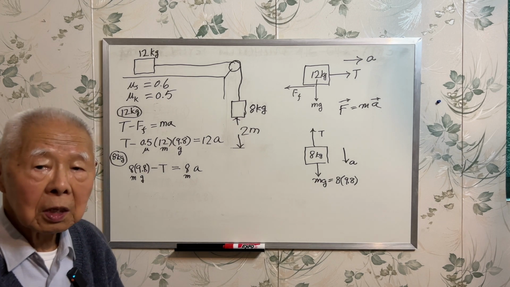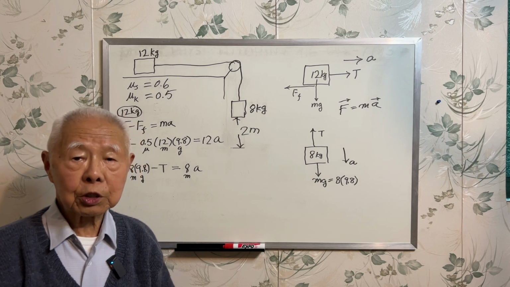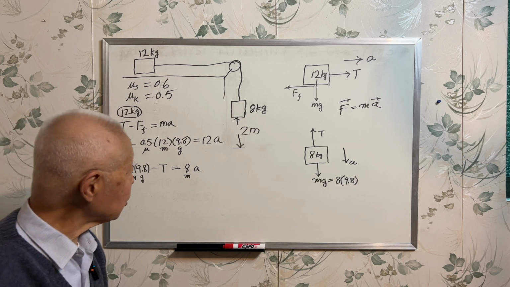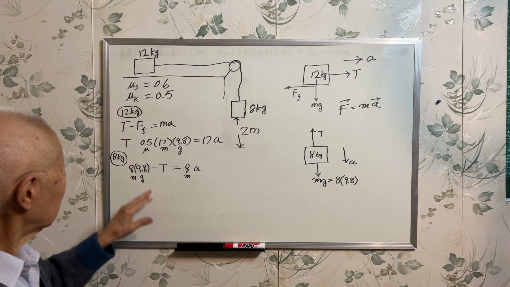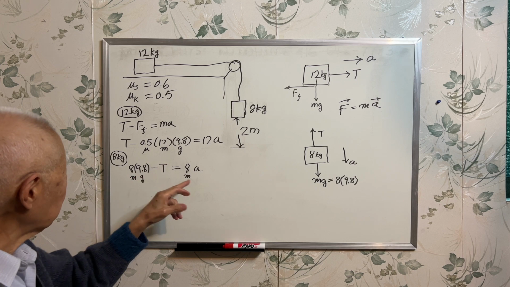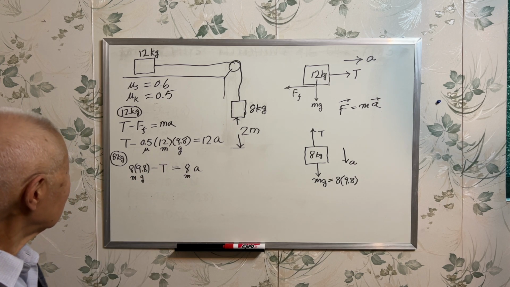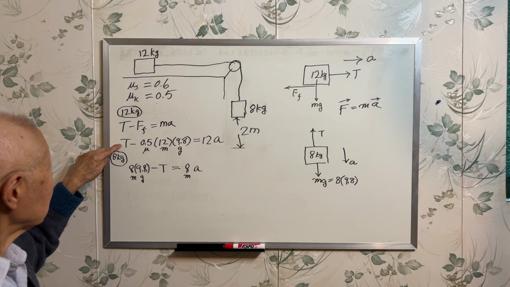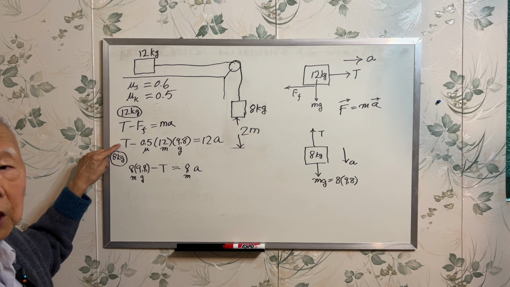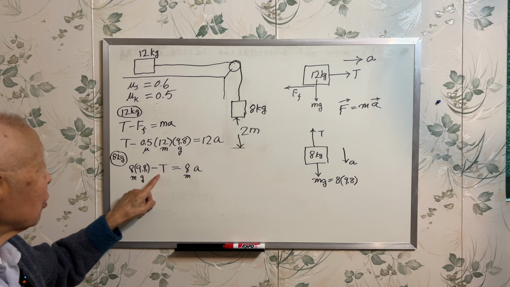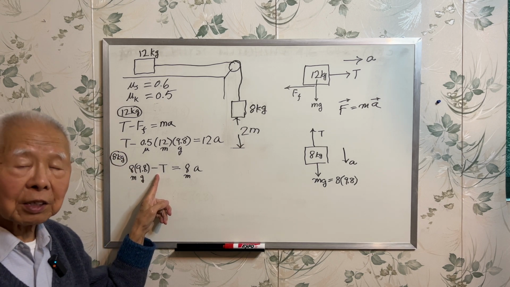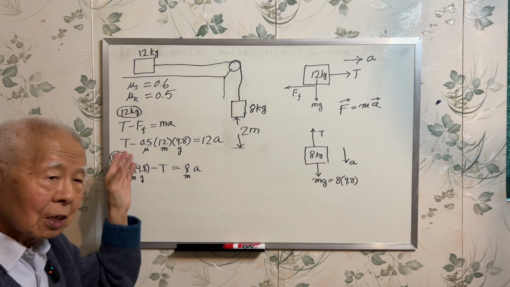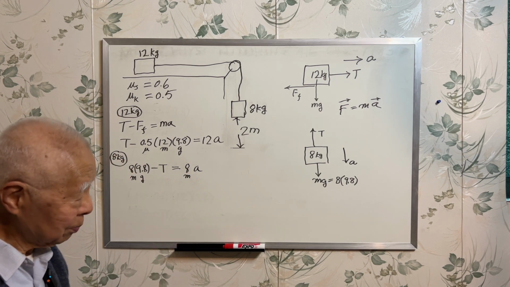I have two equations from Newton's second law. Look at this, two equations here. We noticed this T is positive, this T is negative. If I add these two equations, the two T's cancel each other.